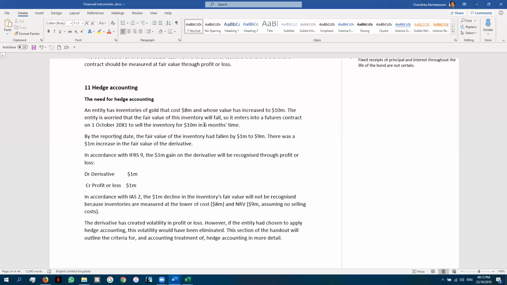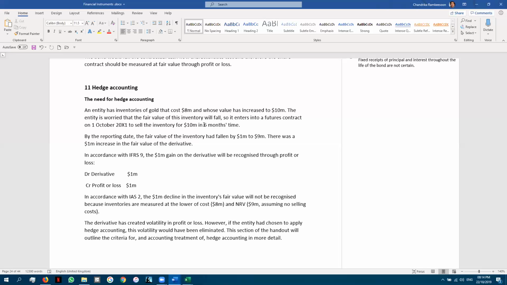That would be more of a financial management thing. All that you need to know is that if the price of the underlying moves in such a way that a loss is created, a gain will be created on the other side, the futures.